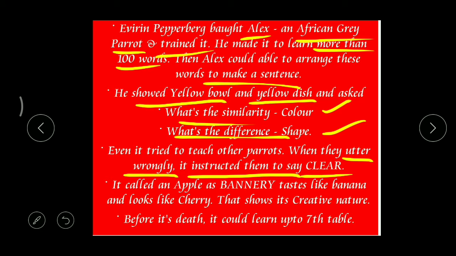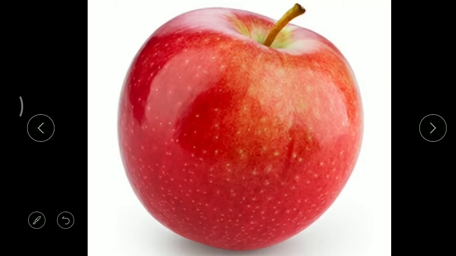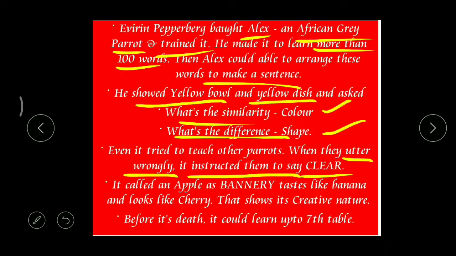And this animal has one great creativity also. What does creativity mean? Well, take an apple. It's a very healthy fruit, right? But when this apple is shown to this animal, it called that apple a bannery. Why did it give that name?